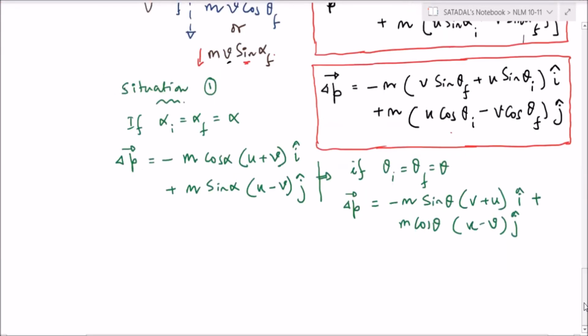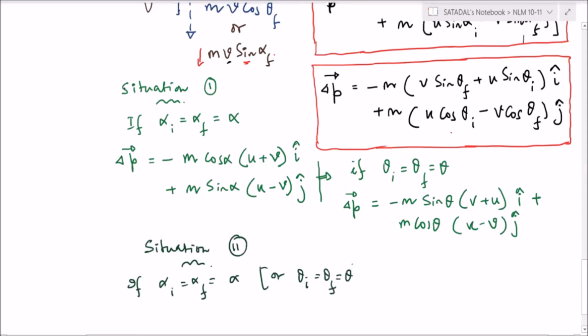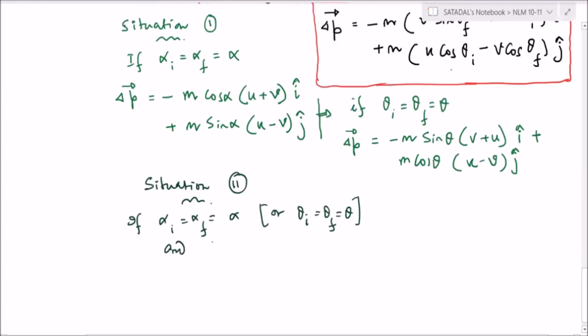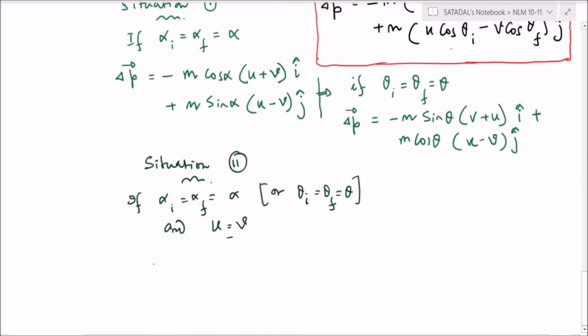Now let us come to situation 2. Situation 2 is, if alpha I is equal to alpha F is equal to alpha, or theta I is equal to theta F is equal to theta, and u is equal to v. Then what situation will we get?